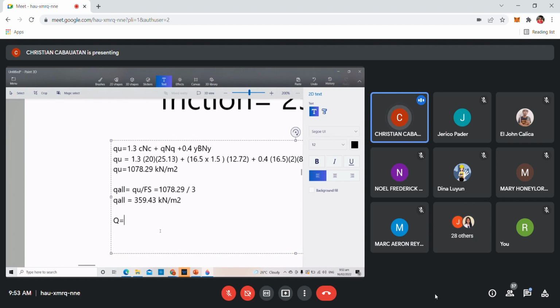is equal to the Q allowable times, ano yung multiply natin sa kanya? Hindi ba ang kanyang area? Tama ba na ang kanyang area ang i-multiply natin?